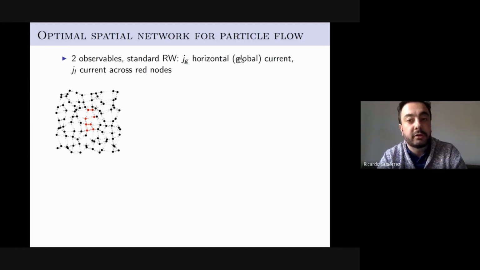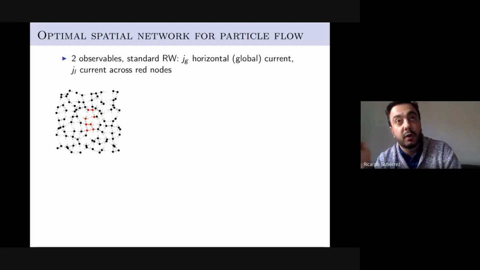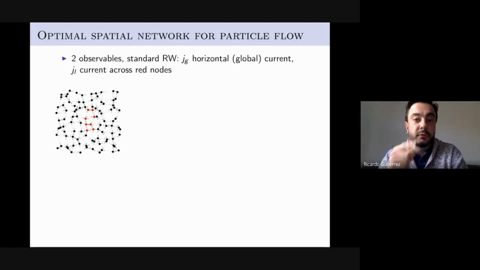In the horizontal global current, we take into account the x coordinate of the node that you reach minus the x coordinate of the node from which you came. And in the local current, you just take into account if you're going to the right or to the left. Because basically what we want to do is to maximize the current, for example, avoiding to some extent or completely avoiding the nodes here.